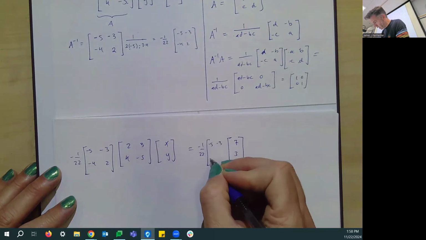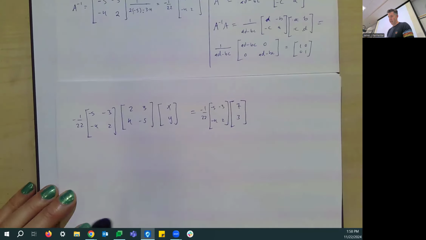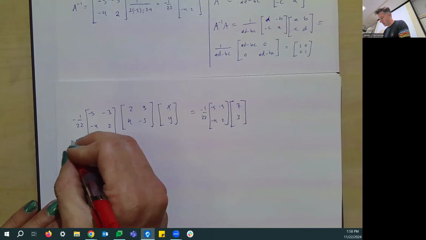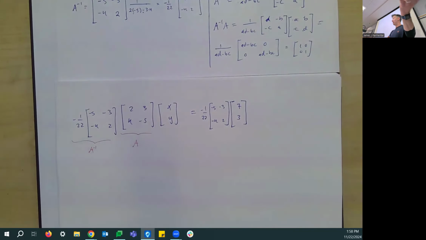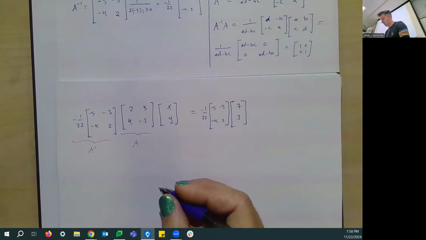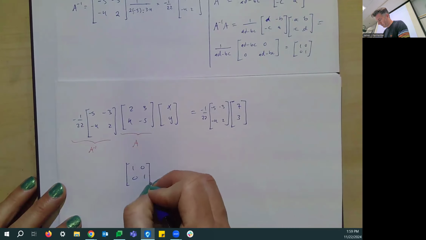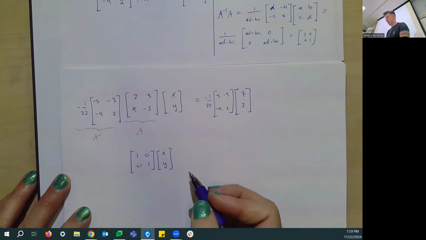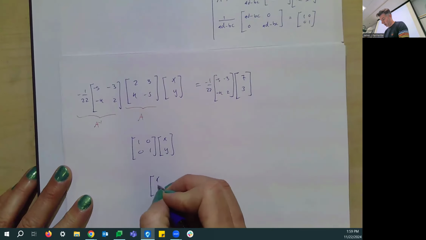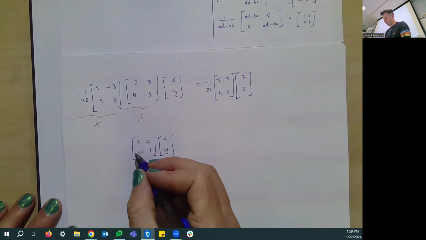Okay, here's the gist. On the left-hand side, this A inverse times A should just be the identity matrix, I2 in this case. That's going to be 1, 0, 0, 1 times x, y, but 1, 0, 0, 1 times x, y is just going to be x, y, right? 1 times x plus 0 times y, and 0 times x plus 1 times y.